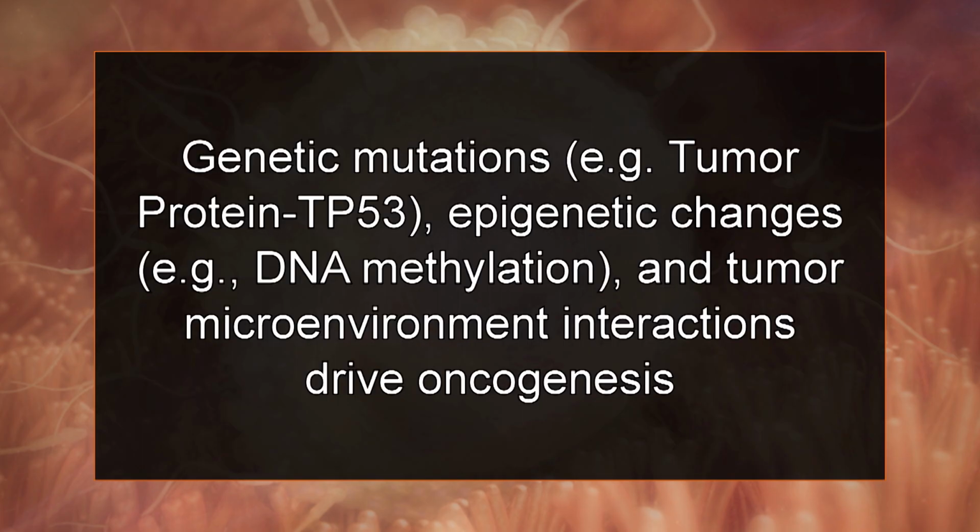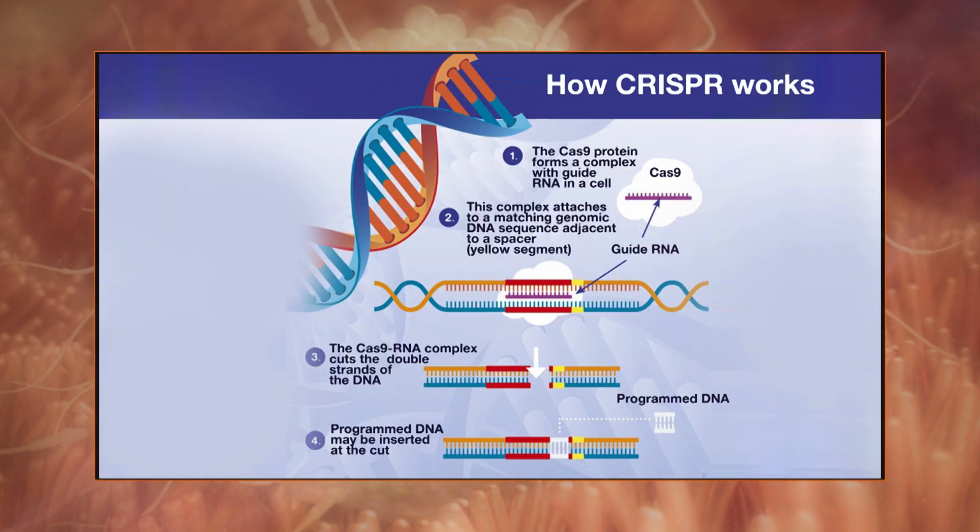Genetic mutations, for example tumor protein TP53, epigenetic changes, for example DNA methylation, and tumor microenvironment interactions drive oncogenesis. For today's researchers, these insights highlight the importance of exploring molecular targets with tools like CRISPR, offering new solutions to genomic instability and tumor heterogeneity.